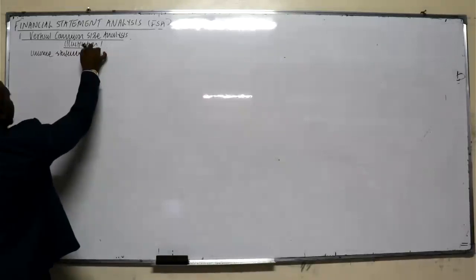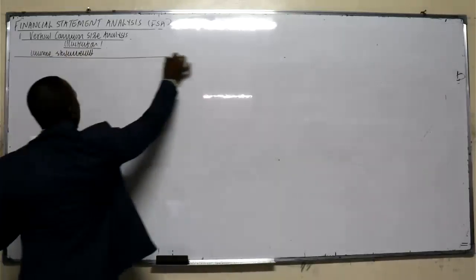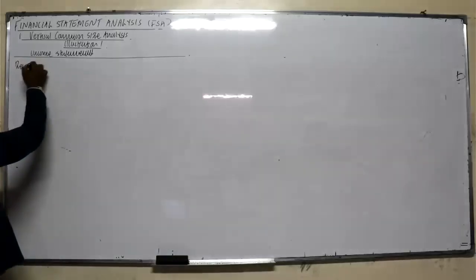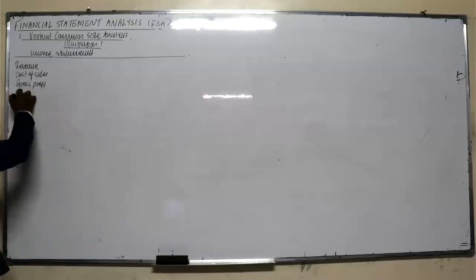So we have the income statement. And under the income statement, we have the revenue. We have the cost of sales. And then you get the gross profit. Then we have admin expenses.